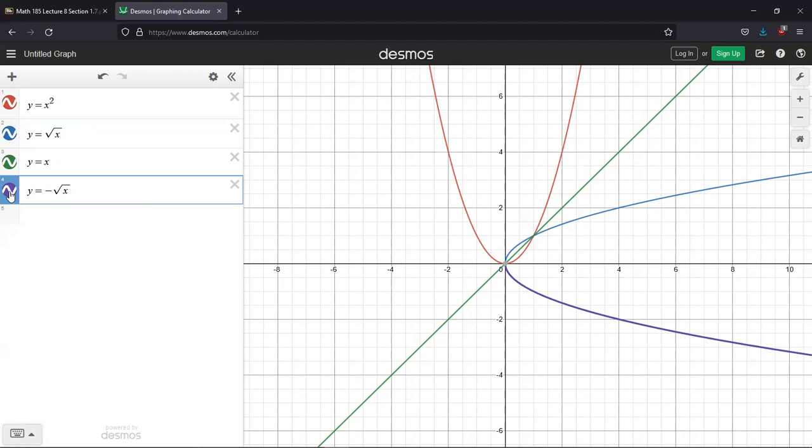So basically the solution is they lop off the bottom half of the parabola and say, okay, that's the square root graph. But it's no accident that the square root graph is half of a flipped over parabola. Okay, so that is the end of that section. So let's stop there for now.